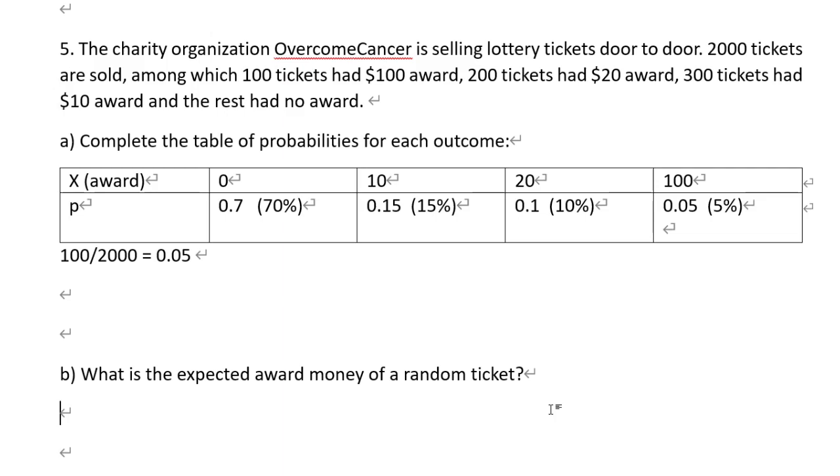What's the expected award money of a random ticket? Well, you're trying to find the expectation value of this x, right? And the expectation value is computed by multiplying the value times the probability. So this will be 0 times 0.7 plus 10 times 0.15 plus 20 times 0.1 plus 100 times 0.05.